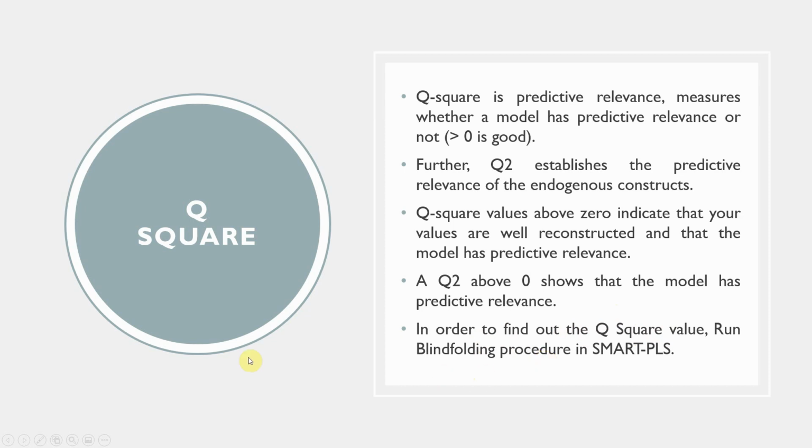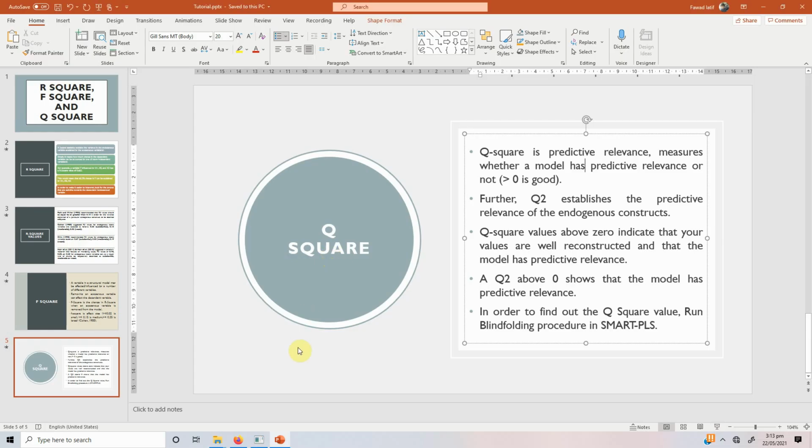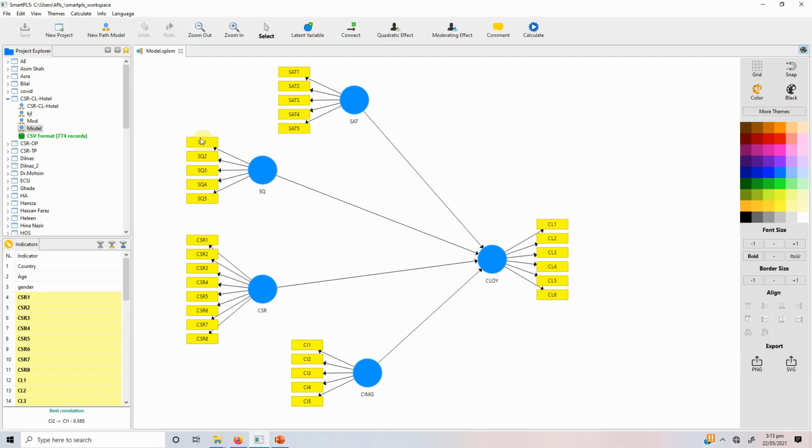Now we are going to practically look into how R square, F square, and Q square can be done in SmartPLS. Okay. Now this is a simple model that I have built for this particular video.